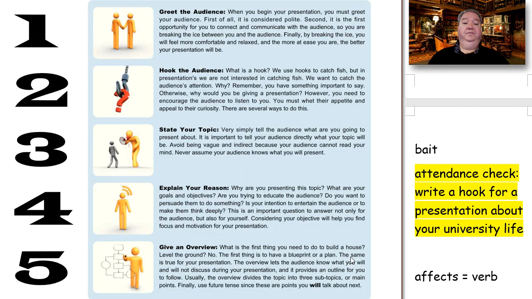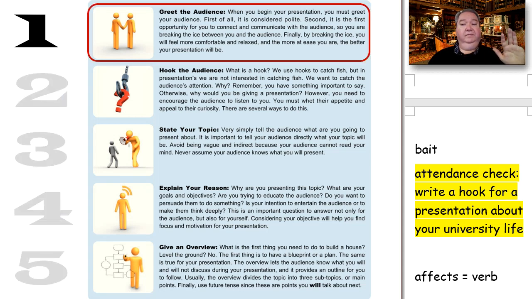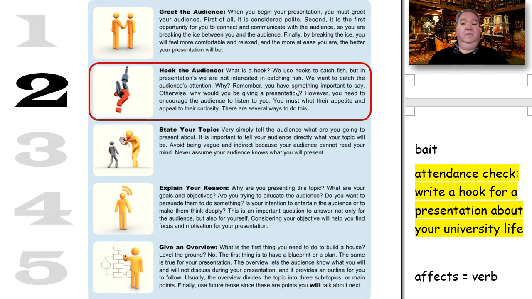Okay, so in a presentation, we have the introduction, the body, and the conclusion. In the introduction, we have 5 parts. The greeting. In the greeting, there's 3 pieces. What are they? Greeting itself, names, credentials. Then we have the hook, a rhetorical question, a shocking fact, a surprising statistic, an anecdote, okay?